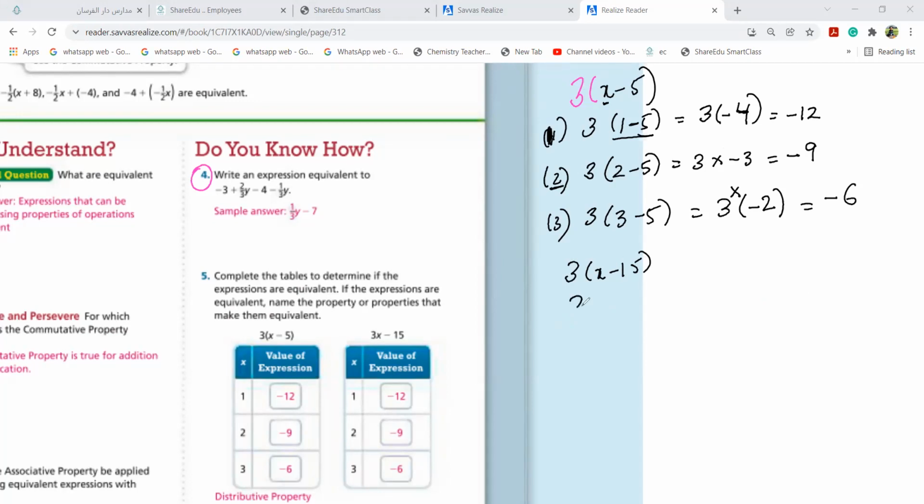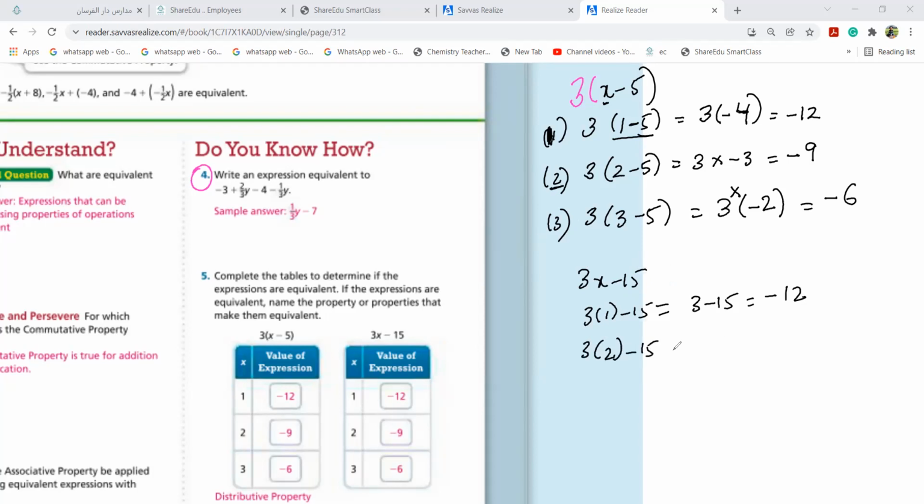Instead of x, if you put 1 minus 15, you get 3 times negative 14. And what is 3 minus 15? No, it's not x minus 15 parenthesis. Sorry, girls. It is 3x minus 15. 1 minus 15. That is equals to 3 minus 15, minus 12 is your answer.